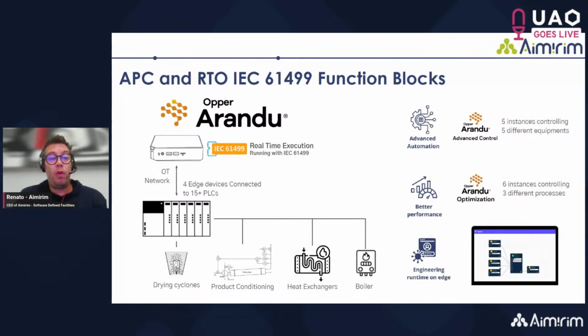In this example, we have 4 edge devices connected to more than 15 PLCs, and this information is coming from drying cyclones, from products conditioning, heat exchanger, boilers, and then we are doing advanced process control, we are doing real-time optimization, different kinds of real-time optimization to bring a better performance to industrial processes.